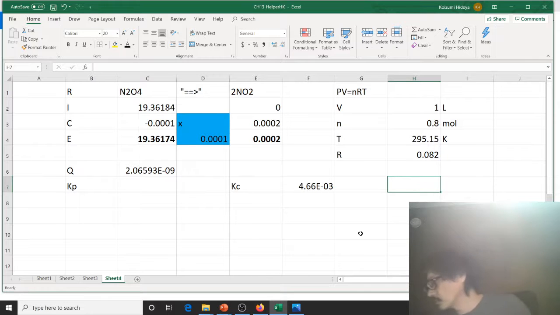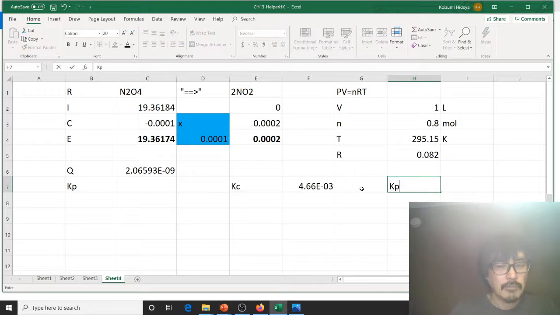There you go. Kp is equal to Kc times RT to the power of delta n.